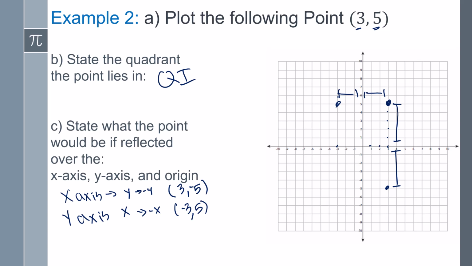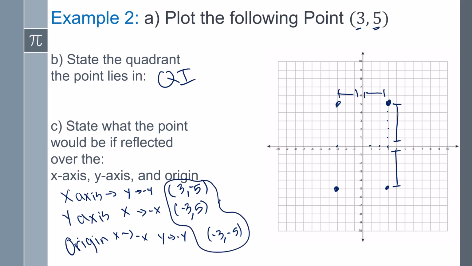That's what creates that symmetry. And then the origin's probably always the easiest. You have to replace the x with negative x, and you have to replace the y with negative y. You're basically doing it with both. So you get (-3, -5). That's visually the point that's symmetric about the origin. If it helps you to graph it, go ahead and graph it.